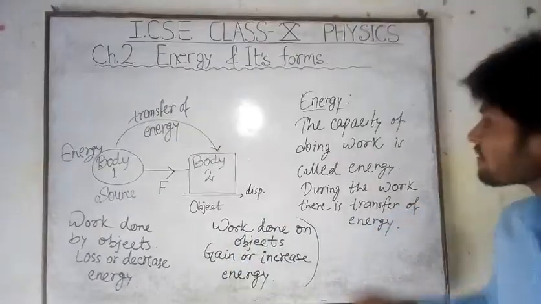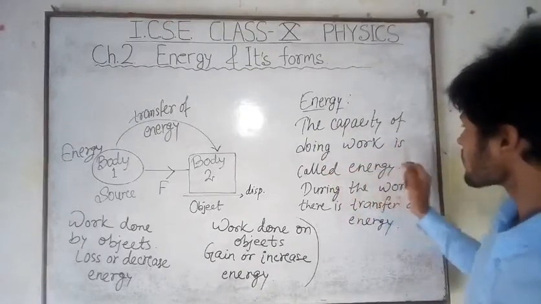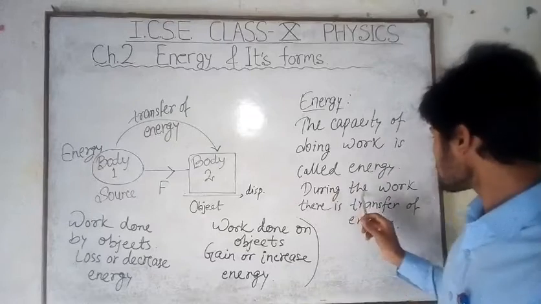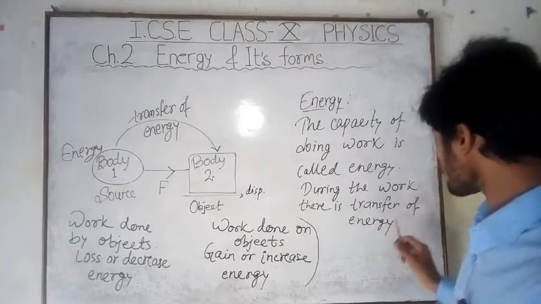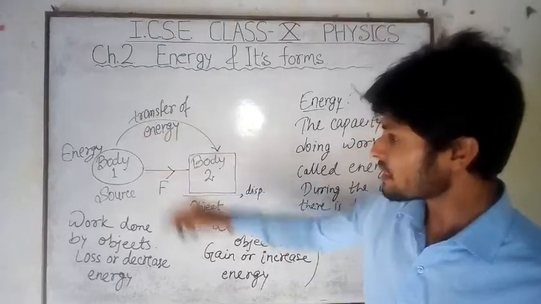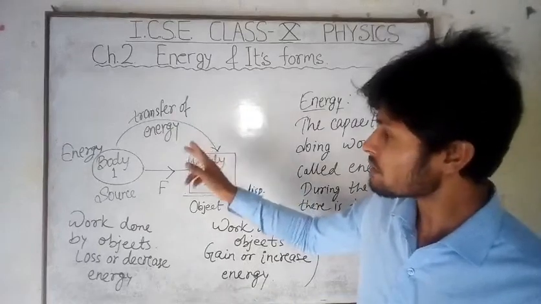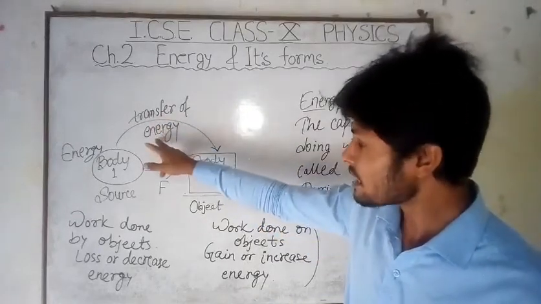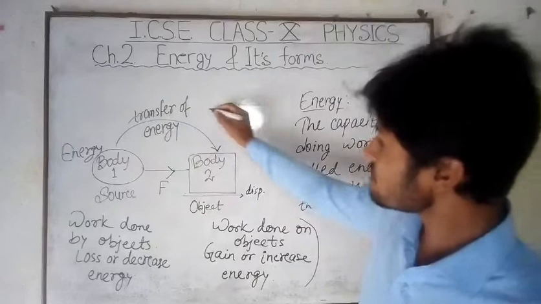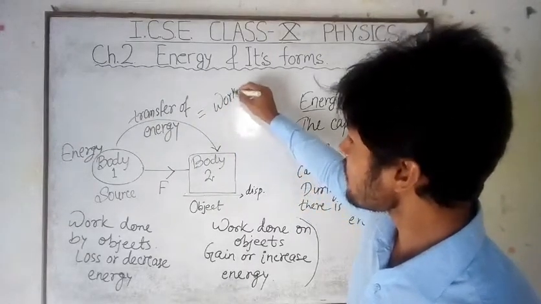See, we have the definition of energy. The capacity of doing work is called energy. During the work there is transfer of energy. The quantity of energy that is transferred is actually the same as the amount of work done.